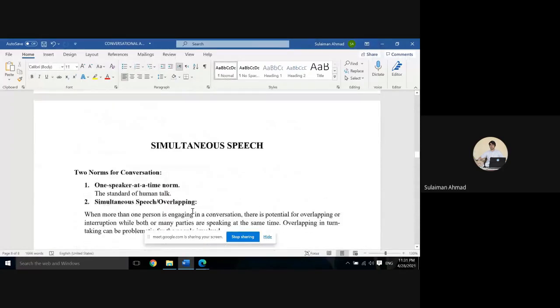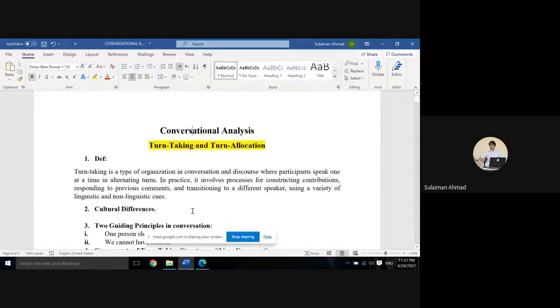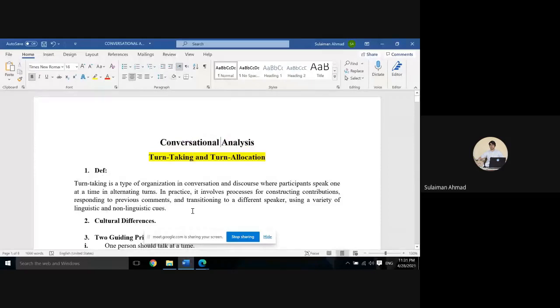But let's suppose we're analyzing a conversation between two or more anchor persons, or a conversation between a black and a white in some play, in some drama, in some movie, right? So we need to apply these various theories or theoretical orientations of conversational analysis, right? So starting with the very first feature of conversational analysis, that is turn taking and turn allocation, right?